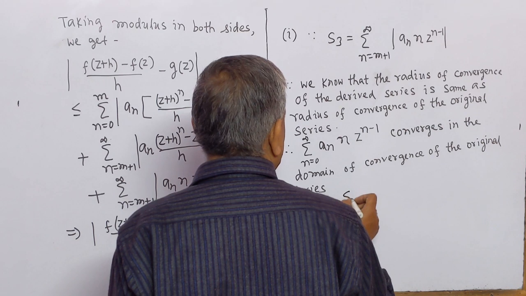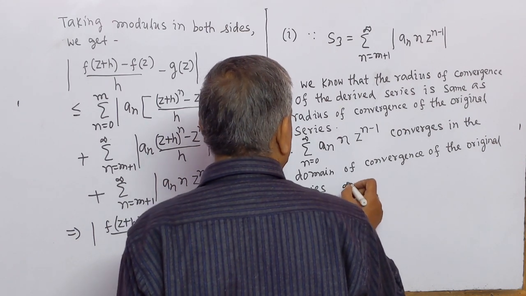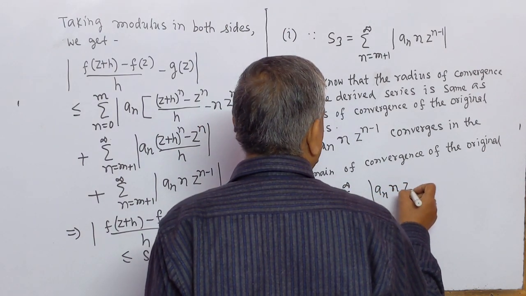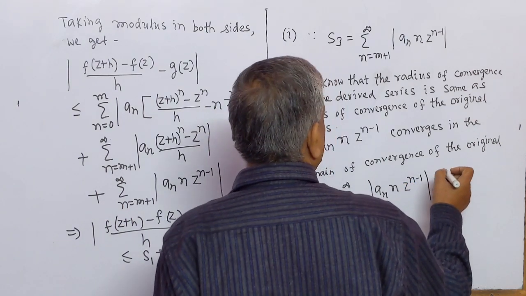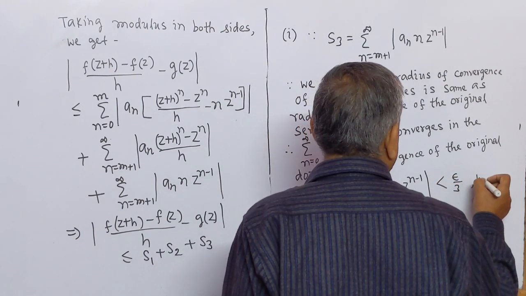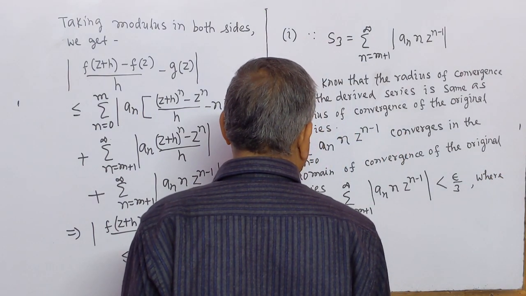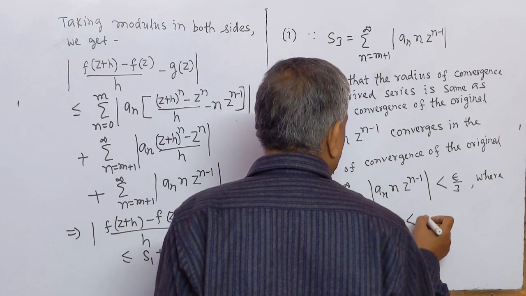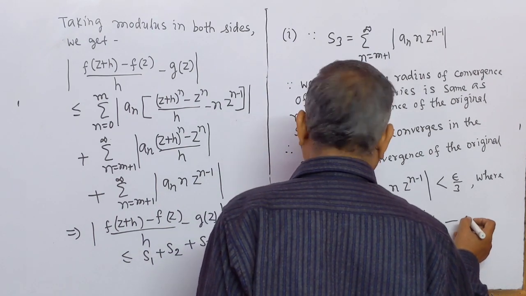Therefore, sigma n equal to m plus 1 to infinity modulus of a_n n z to the power n minus 1 tends to 0, that is, less than epsilon by 3, where epsilon tends to 0. Therefore, S3 is less than epsilon by 3. This is number 6.